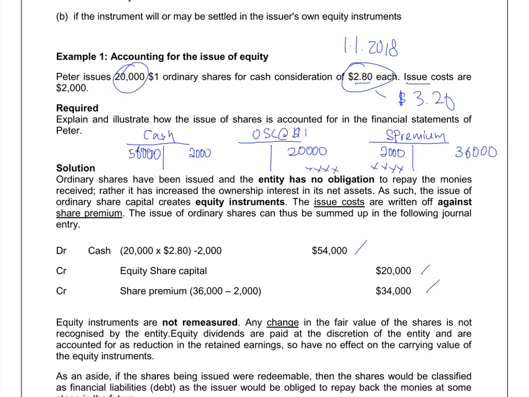My question: I issue at $2.80 today. That's why I record today. And I incur 2,000 record today. And then a few months later, the share price increased to $3.20. What do I do in my book?